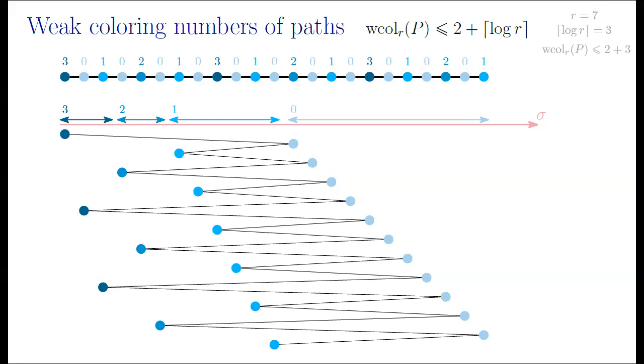They form this zigzag. Now, the structure that we get here looks kind of like a tree. Maybe it's not very clear what that means, so let's make it clear. These green edges, we'll call them tree edges. They are not necessarily edges in the path. This is some meta tree.